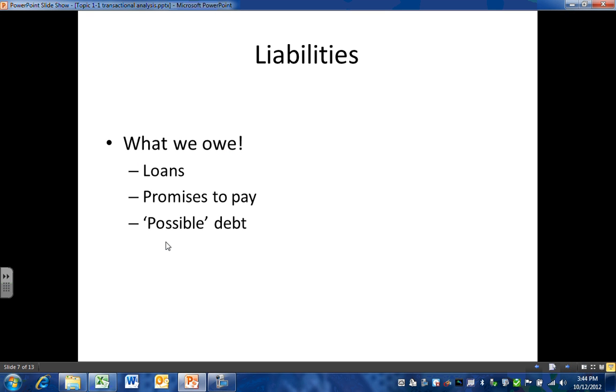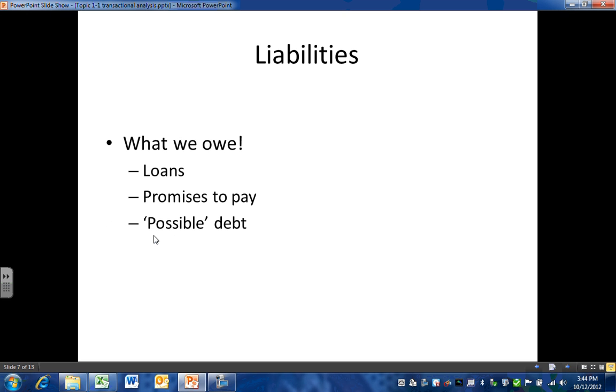So liabilities are what we owe: loans that we take out from a bank, less informal types of debt arrangements like accounts payable where we agree to pay a vendor. And we also have these possible debts, or what we call contingent liabilities.